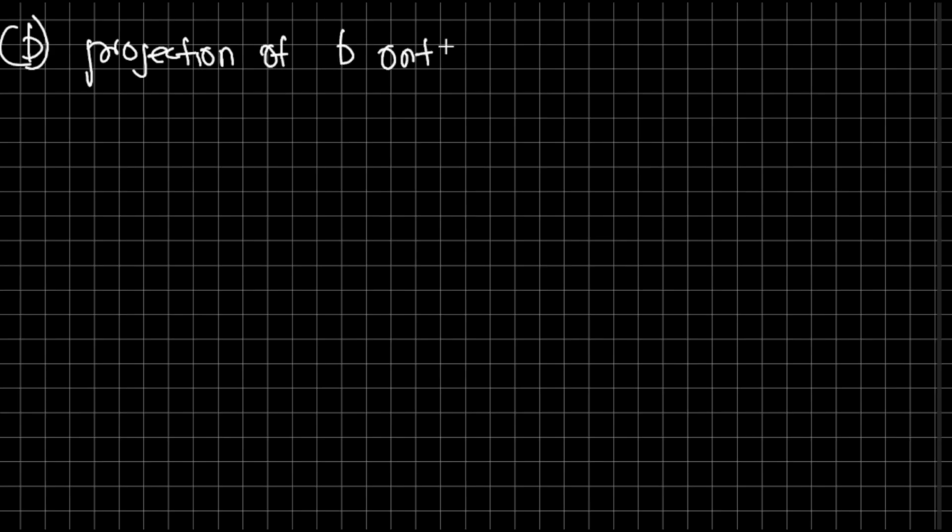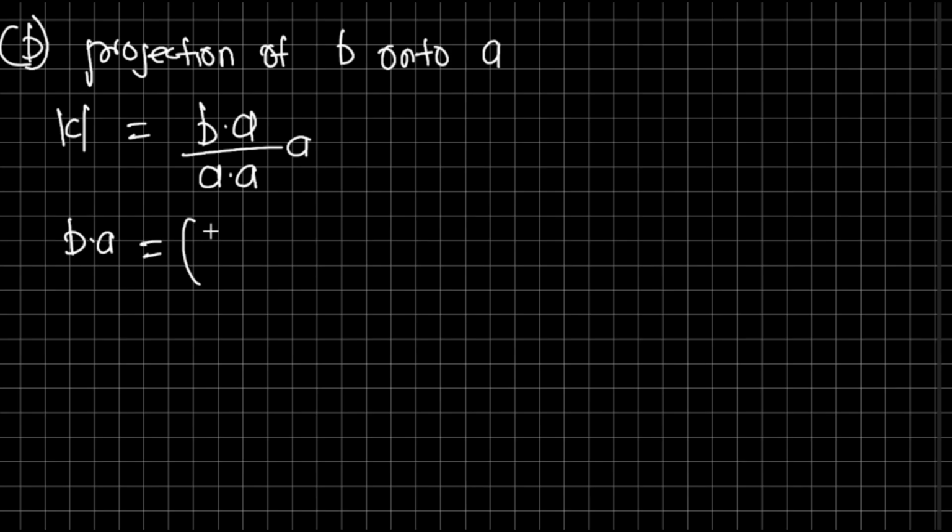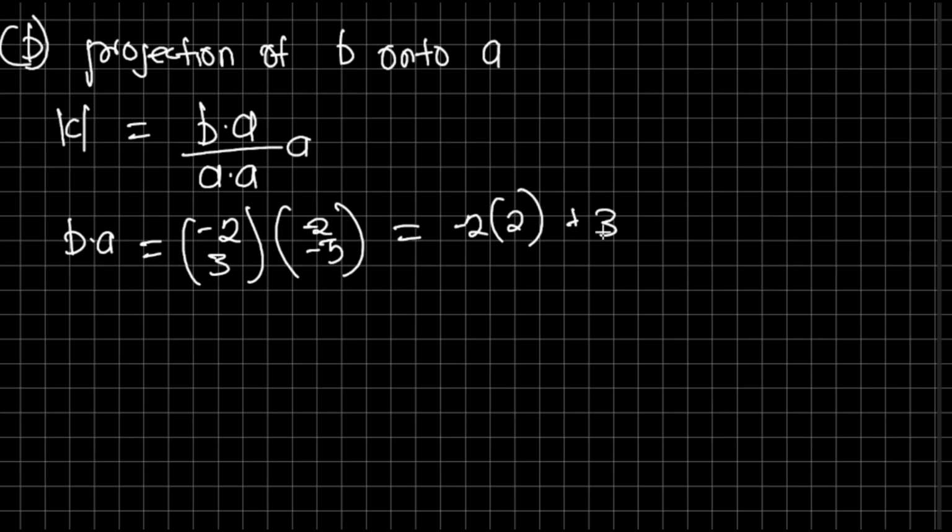Now for B, we have to find the projection of B onto A. That is equal to B dot A all over A dot A multiplied by A. B dot A is the same thing as before, but let's just complete it: minus 2 times 2 plus 3 times minus 5, which is minus 4 minus 15, still minus 19.